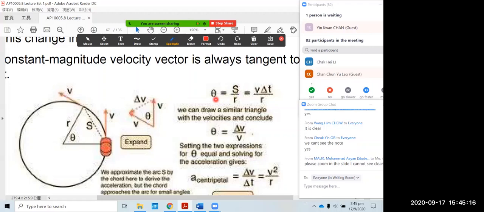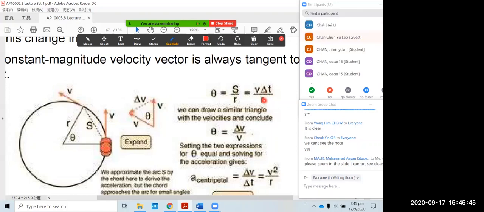So s over r equals theta. The angle is in the unit of radian. And s, which is the length of the circular arc, would be related to the time of travel delta t and the speed v. Here is velocity, but we just take the magnitude. So that would make sense, theta equals v times delta t over r.